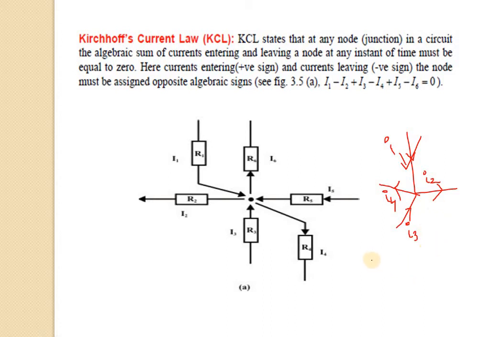So here it will be I1 plus I3 minus I2 minus I4 equals 0.